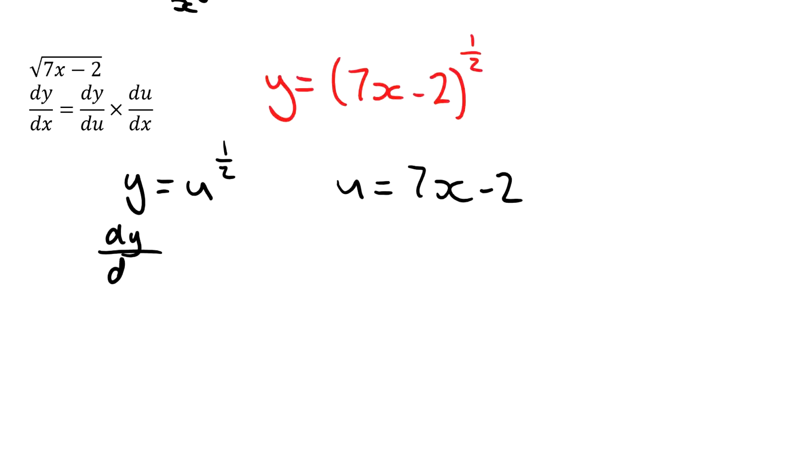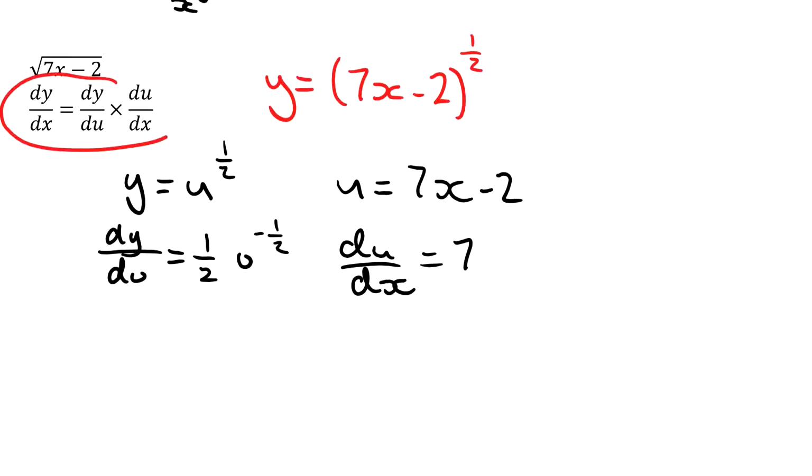So we differentiate each of these. Now we use our formula that was up here, and we multiply our dy over du by du over dx.